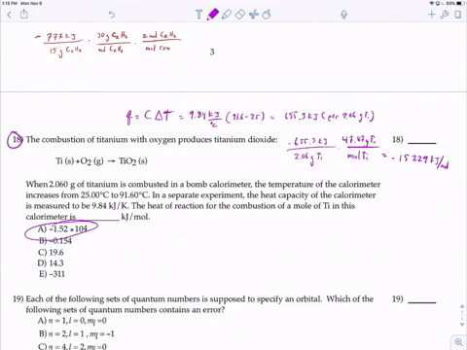Then by dimensional analysis, applying the negative because it's exothermic, the heat is leaving, we divide by the mass times the molecular mass of titanium, and we get minus 15,000 kilojoules per mole as shown right there.